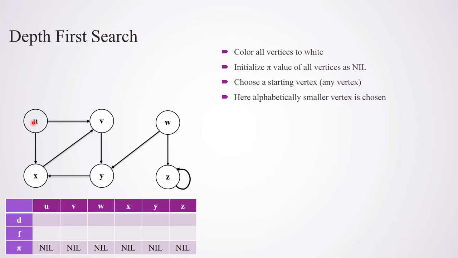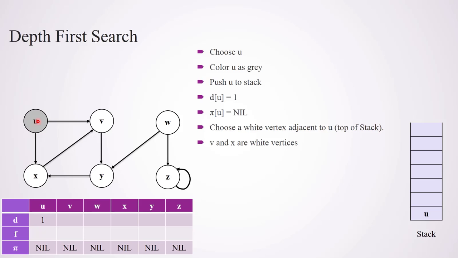So here we chose u. Color u as gray. Whenever a vertex is visited or discovered, we have to change its color to gray. So u's color is changed to gray. Push u to the stack. So u is pushed to the stack. d of u equals 1.